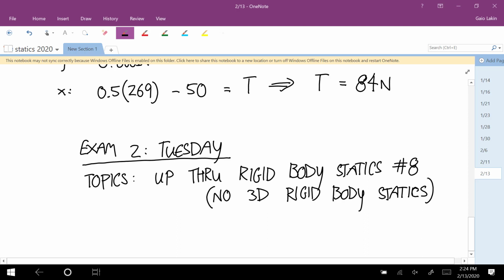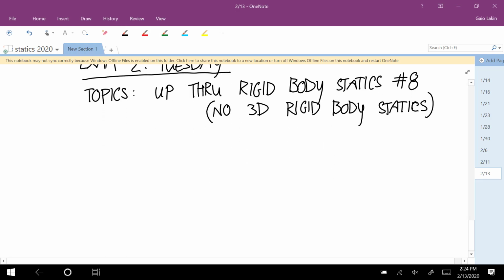For question number 5, I get stuck. This is rigid body statics. I'm getting hung up on things. There's a piece that's attached to the ground that attaches to a body.